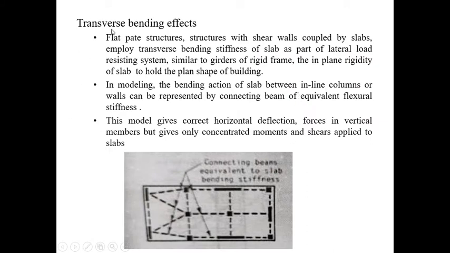Then we have the transverse bending effects. In this case, the flat plate structures, and the structures with shear walls that may be coupled by the slabs, will employ the transverse bending stiffness of the slab as part of the lateral load resisting system. This will be similar to the girders of a rigid frame, with the in-plane rigidity of the slab holding the plan shape of the building so that it does not change.